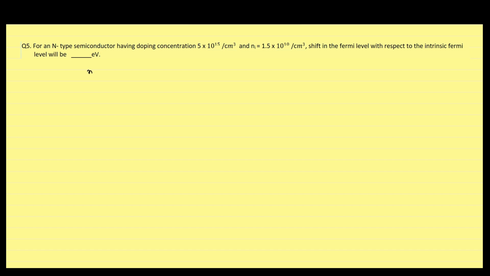Since it is an n-type semiconductor, therefore the free electron concentration will be approximately equal to doping concentration. And by using this formula, we can find the shift in the Fermi level with respect to the intrinsic Fermi level.